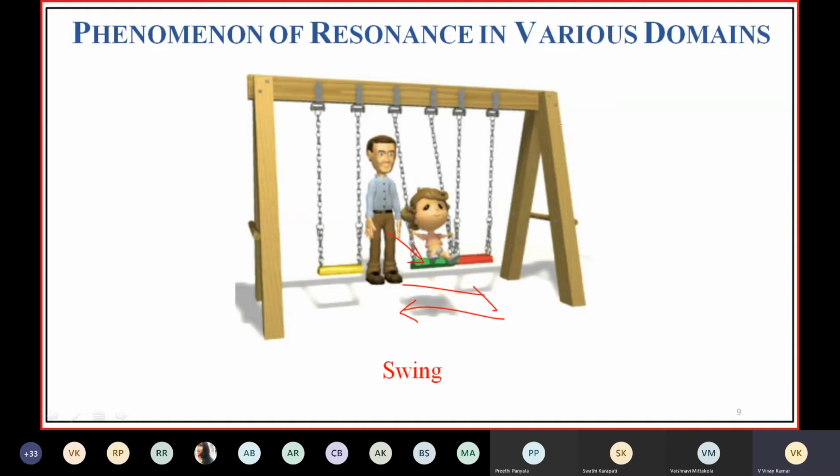That is, the person who is pushing the swing has to match the timing of the swing. The pusher has to synchronize with the timing of the swing. This causes the motion of the swing to have increased amplitude so as to reach higher. So in order to increase the motion of this swing, you are supposed to give regular pushes.